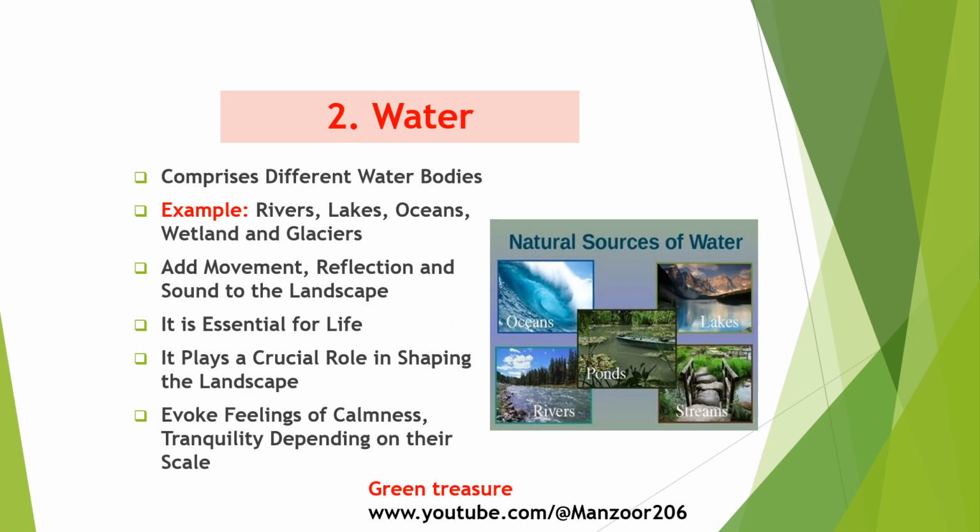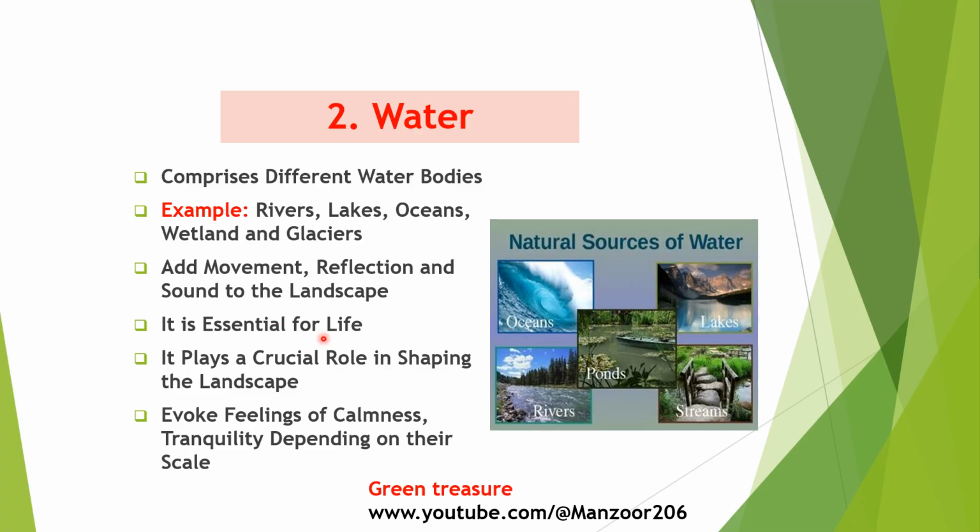Second is the water. Water comprises different water bodies. It can include the rivers, it can include the lakes, it can include the oceans, wetlands and glaciers. And what water does as it flows is add movement, reflection and sound to the landscape.